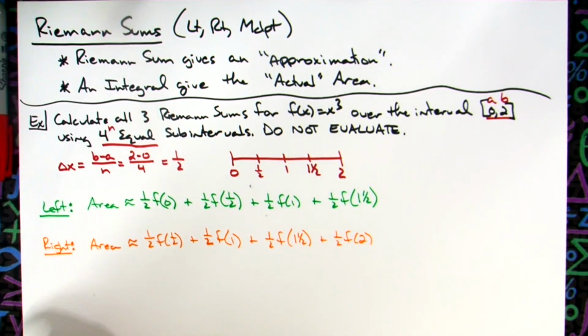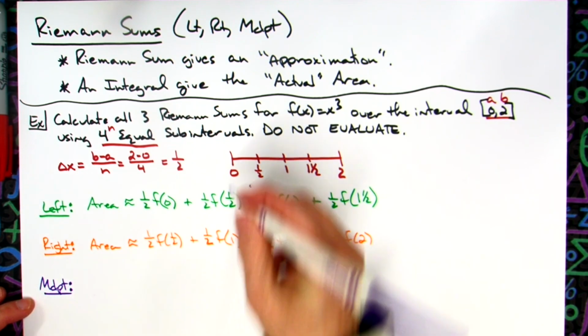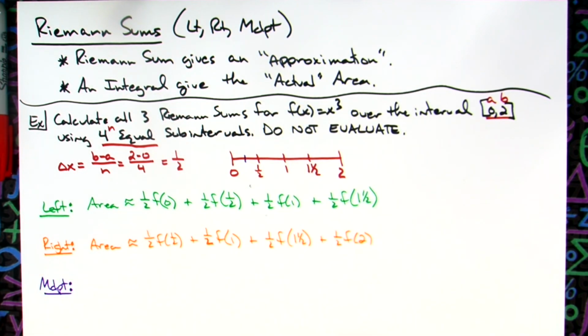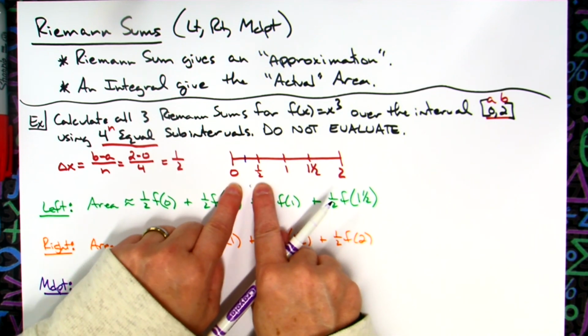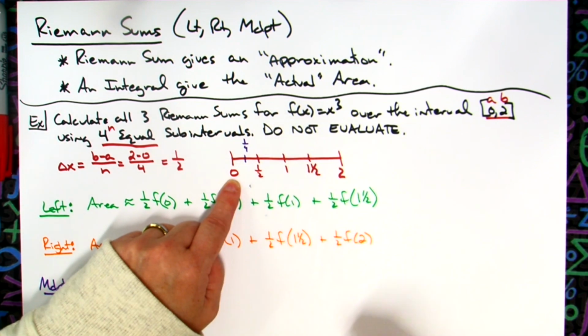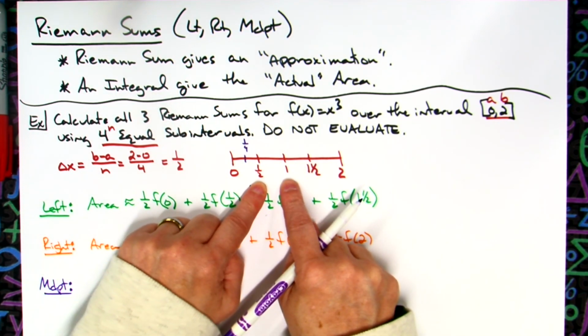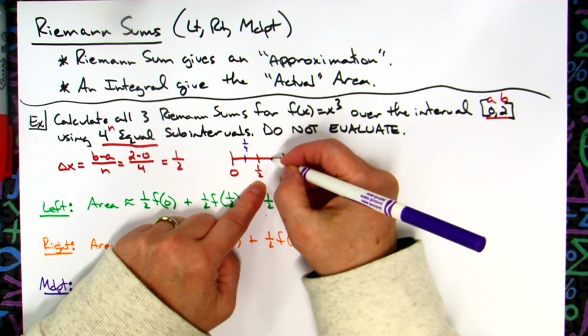Straightforward. Now, on the midpoint, this one's the midpoint. Some of you are going to do it in your head. Others of you might want to add them to the diagram there. Halfway in between 0 and 1/2 is 1/4. Halfway in between 1/2 and 1, 3/4.